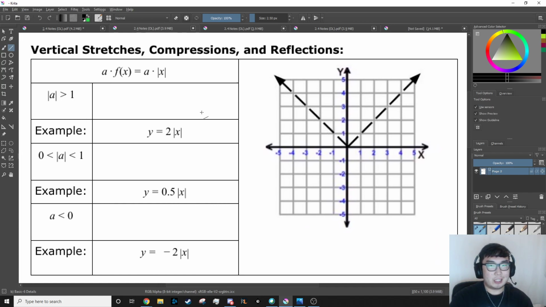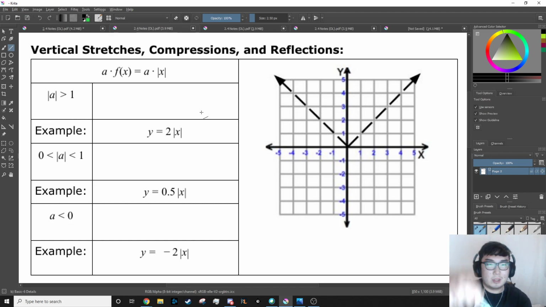Vertical stretches and compressions. For the vertical stretches, think of the band that I used for my hair whenever I had long hair. If I would stretch it vertically, wouldn't it make my rubber band skinnier if I kept stretching it tighter and tighter? Yeah.